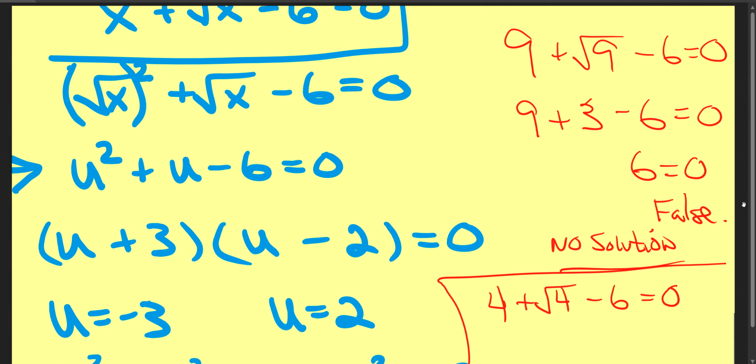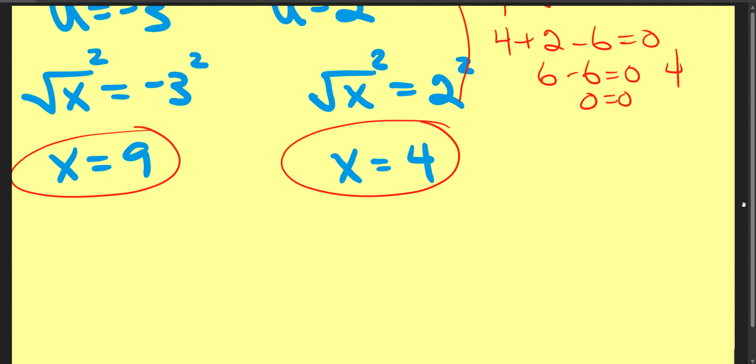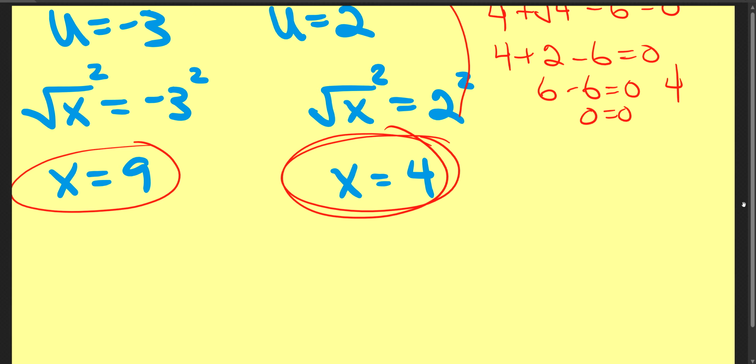And if that's true, we're in good shape. So then I got 4 plus the square root of 4, which is 2, minus 6 equals 0. 6 minus 6 equals 0. And 0 equals 0. So 4 is a solution. So this is a solution. x equals 9 is not a solution.